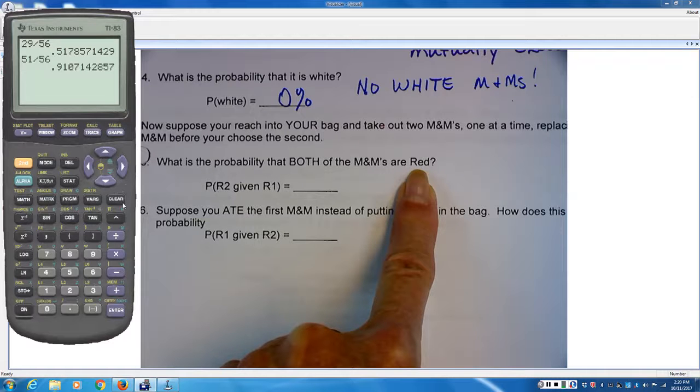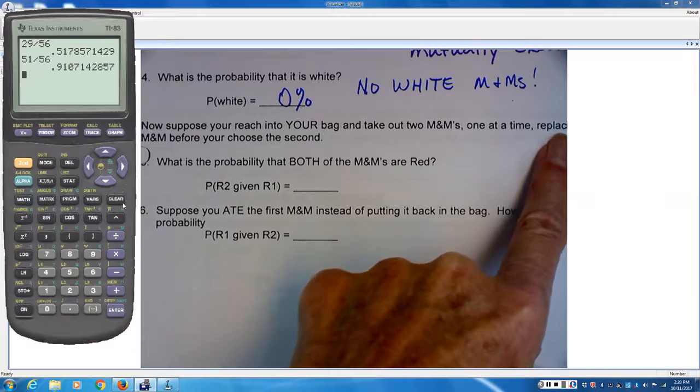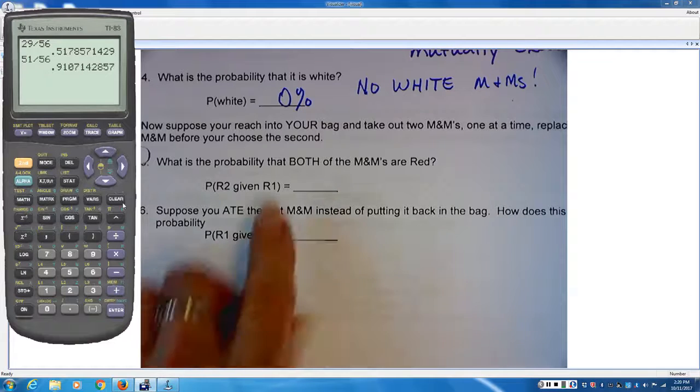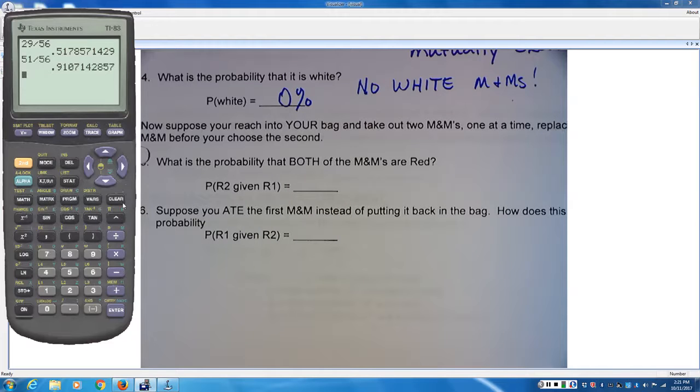Anybody? Because your answer is easy. That was 0, because you couldn't get 2. Well, actually, yes, you could, because you put the first one back in. Now, if you got no red M&Ms, then this probability would be 0. Okay? Now, everybody else hopefully has at least 2 red M&Ms, or at least 1.